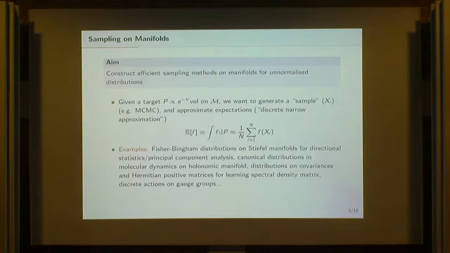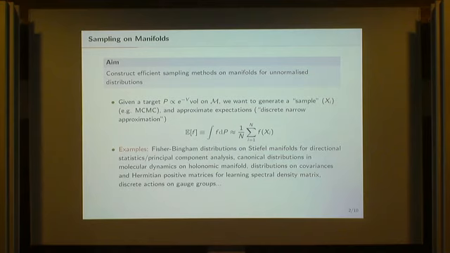And so distributions on manifolds are very common in applications. In statistics, you often consider Fisher-Bingham distributions on Stiefel manifolds. For directional statistics, for example, that's very, very common. Lelièvre and Leimkuhler do a lot of research on canonical distributions which arise in molecular dynamics. And often those are on holonomic manifolds, which are basically a subset of Euclidean space with some constraints.